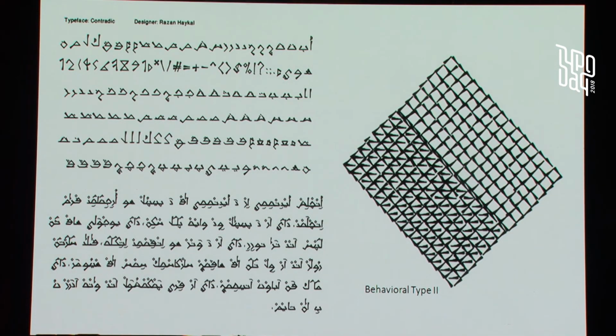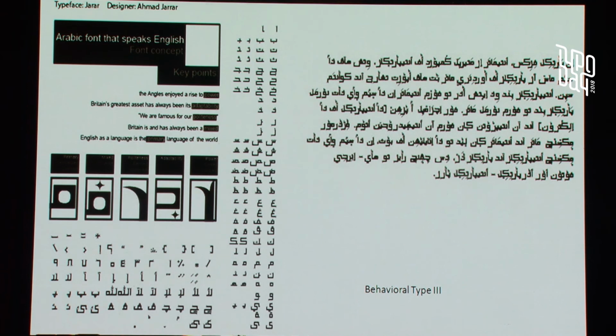Another, Razan Haikal, suggested that the most interesting thing about English people is their sarcastic sense of humor. So she used two contrasting strokes to represent this. Another guy stated 5 statements that represent the English people.